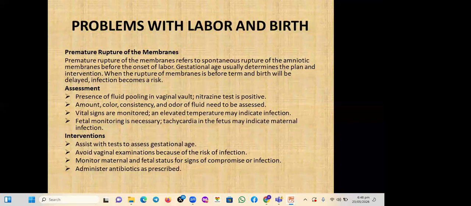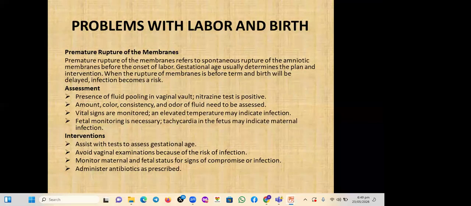If the woman had sex not long ago, and there's semen within the vagina, the paper can also pick up the semen, because semen is also alkaline in nature and can cause the paper to turn blue. And so when you get the nitrazine paper turning blue, don't just conclude. You have to go ahead and ask the woman when was the last time she had sex. It could be that the fluid you tested was semen and not amniotic fluid. Okay, so semen can also give you a false positive nitrazine test.